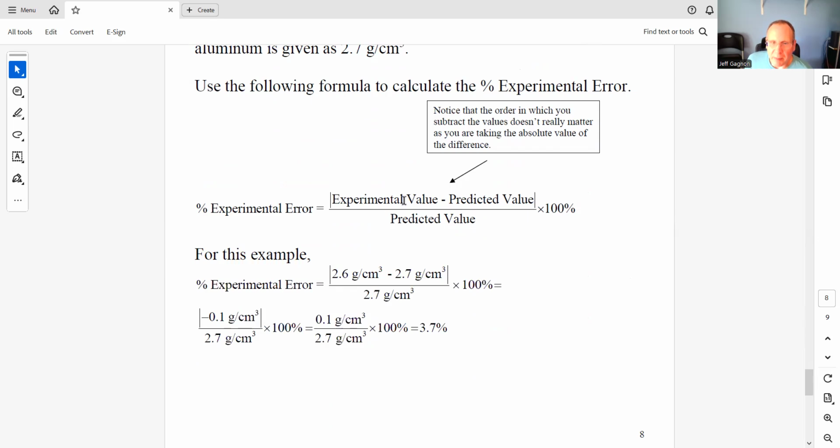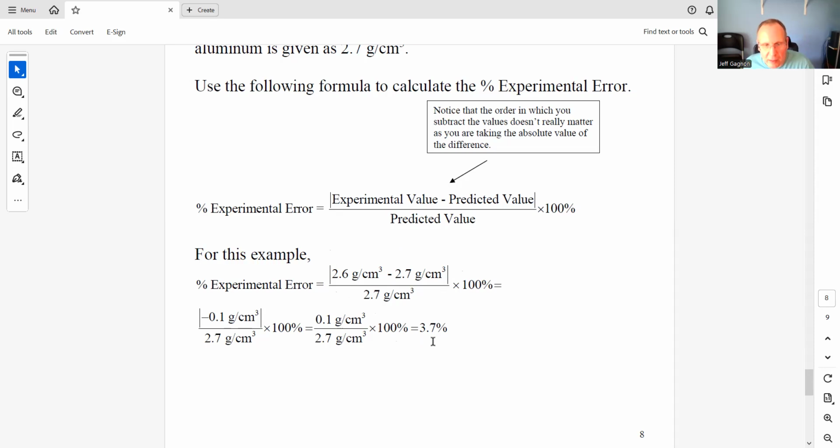So I would take my experimental value, 2.6, subtract the predicted or gold standard value, 2.7, and then it doesn't even matter exactly how you do this difference here because you're taking the absolute value of it, you're making it non-negative. So that will be 0.1, right? It'd be negative 0.1, then absolute value makes it 0.1. And then I divide by, this is important, you want to divide by the accepted predicted or gold standard value. So I divide by the 2.7 and then times 100. In this case, I'm going to get 3.7%.